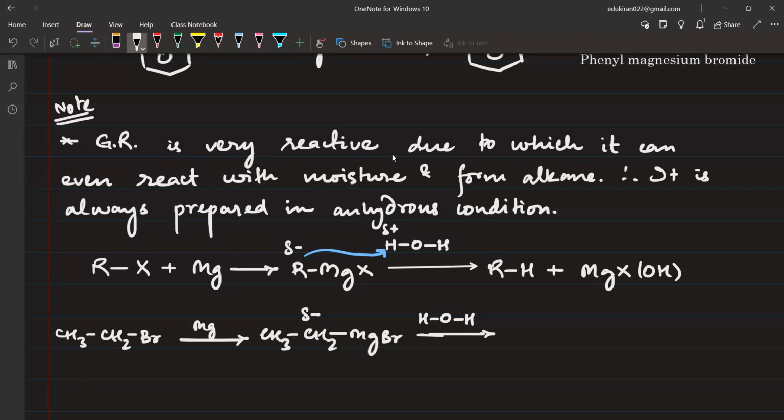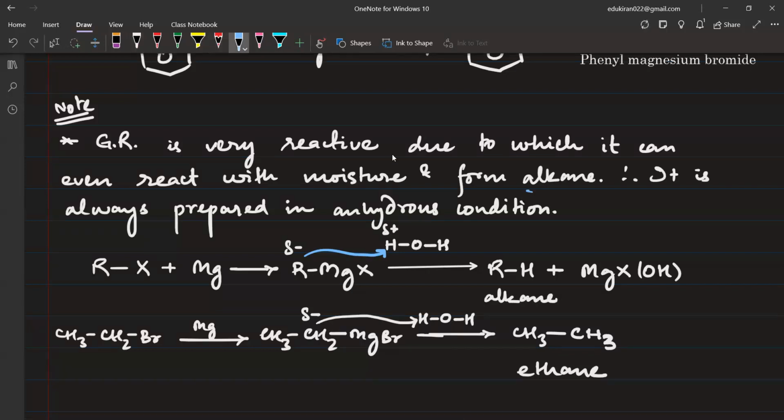The carbon which is attached with Mg will get a negative charge, and this carbon atom can easily attack the hydrogen atom, and it will become CH3 carbon. Previously we had 2 hydrogen, now it will become 3 hydrogen. So this is CH3CH3, it is ethane. So that is why RH, in general an alkane, forms.